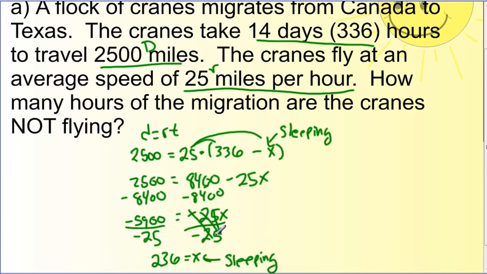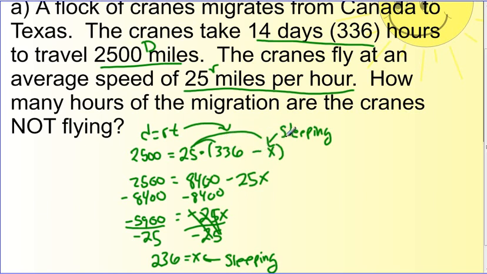Okay? So again, this total time that we put in here, we don't want the entire time of the trip with them eating and sleeping and flying and whatever else birds do when they're taking a trip, stopping to get popcorn or whatever. We want to know just the part of the time that they were actually flying. So here's the whole trip minus the time that they were sleeping or eating.